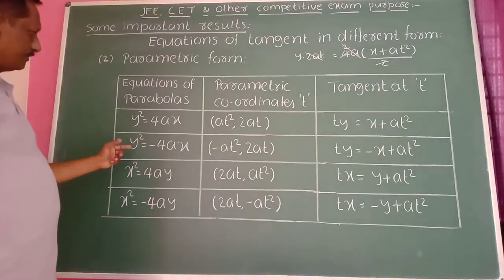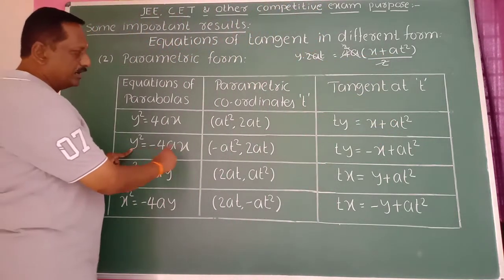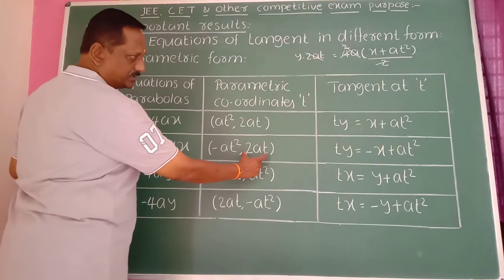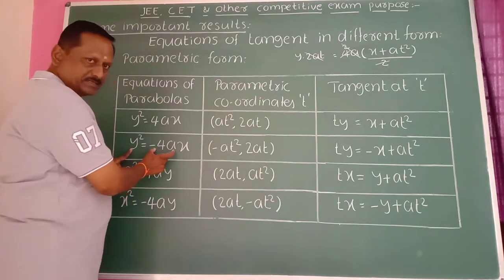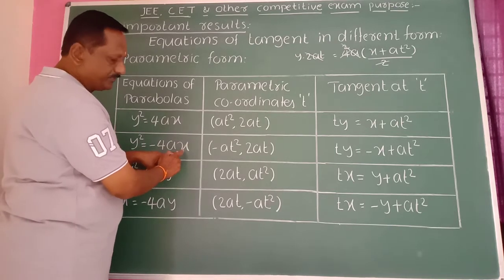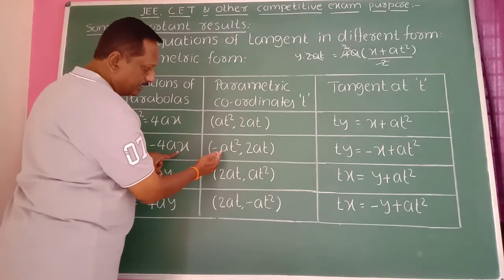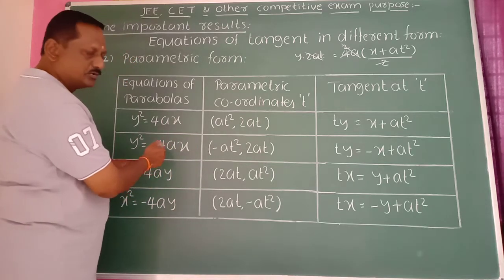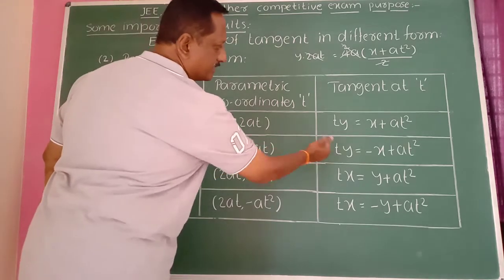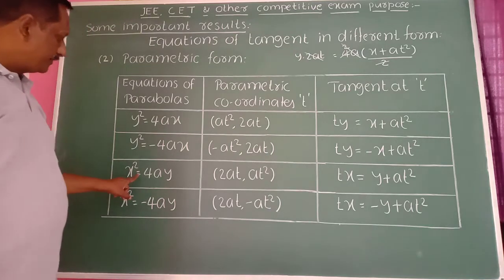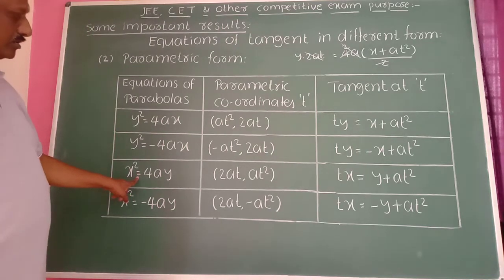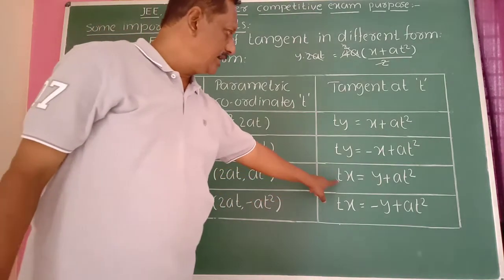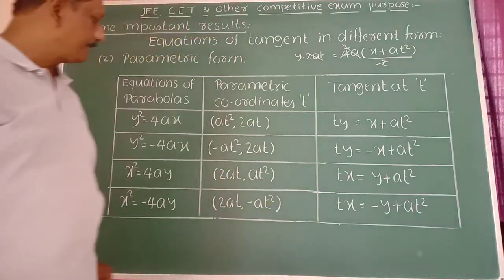Even here also, replacing y square by y into this term, equal to minus 4a, keep as it is here. Replace x by (x plus minus at square) divided by 2 here. 2 also cancels. Remaining is this equation here. So equation of a tangent to this parabola is tx is equal to y plus at square.